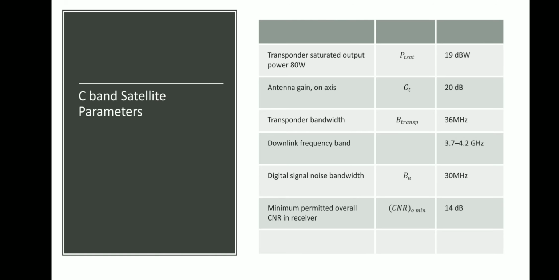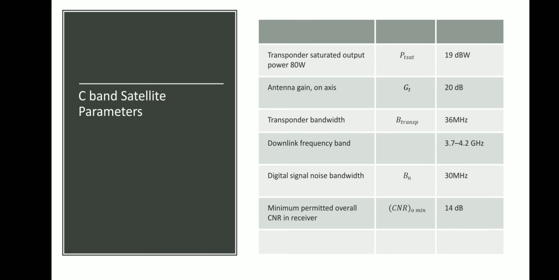Transponder saturated output power. We all know that a satellite will have a number of transponders. When we are calculating the link budget, we are doing it for the individual transponders, because each individual transponder is going to transmit some power, and that might be the same for different transponders or might be different too.